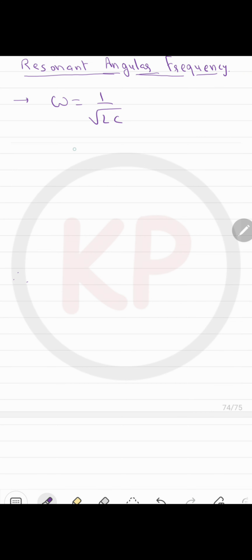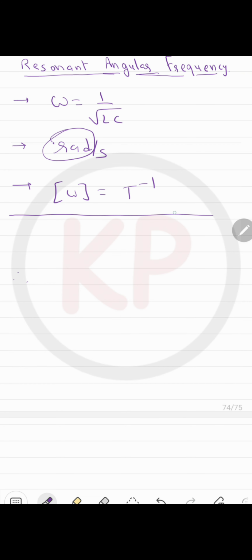As it is angular frequency, its unit and dimensional formula will be same as that of angular speed. So its unit will be radian per second. Its dimensional formula will be just T minus 1, because radian is a kind of supplementary quantity. Now let's see resonant frequency, just resonant frequency, not the angular one.